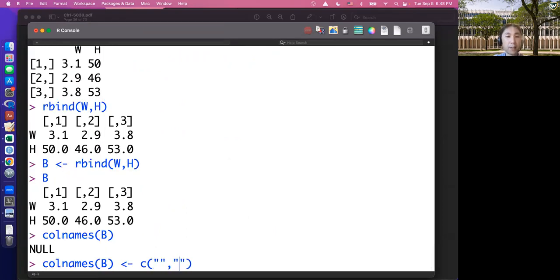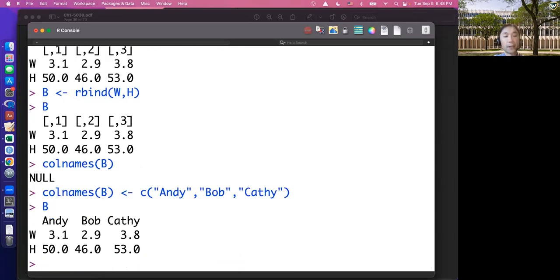Then, for example, if these 3 babies' names are Andy, Bob and Casey, then we can get this. So we can name the columns and we can name rows. Sometimes it's convenient to see the results. Also convenient when we do some programming.